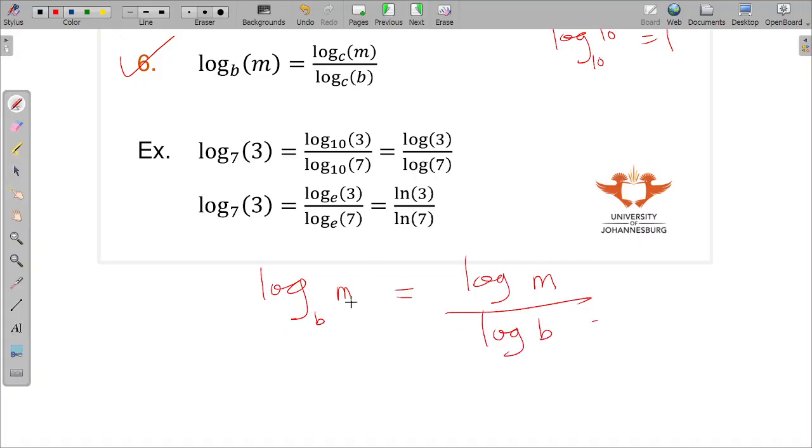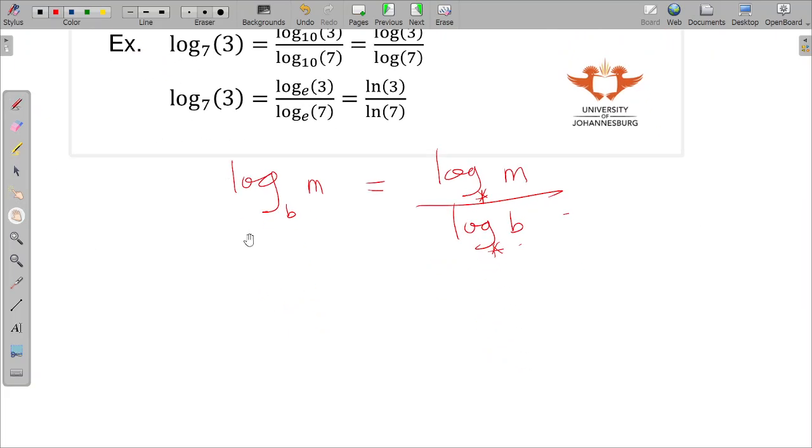Now there is no base for either of them, but previously we mentioned that if we don't have any base, we could just assume base 10. So I can say log base 10 of m over log base 10 of b.